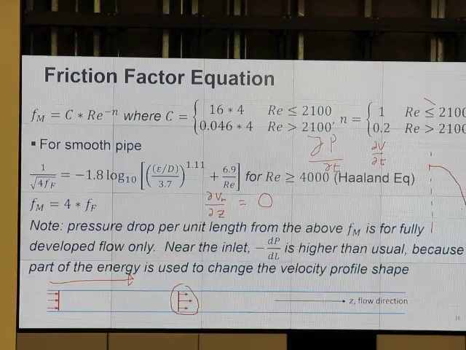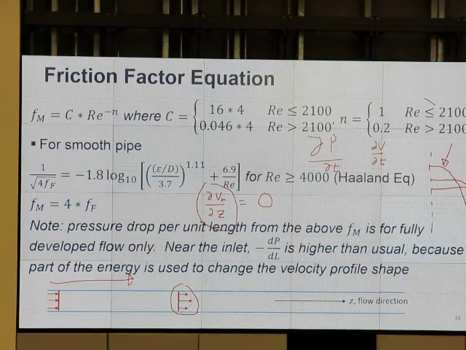This is laminar flow, right? For turbulent flow, it is more flat, like this. Oh, I'm sorry, it's up a little bit and then goes down like that. So my point is, the velocity changes with radial distance from the center line, but it doesn't change with axial distance. So the partial derivative with respect to z, or axial distance, equals 0. This means the velocity profile doesn't change with the length of the pipe anymore.